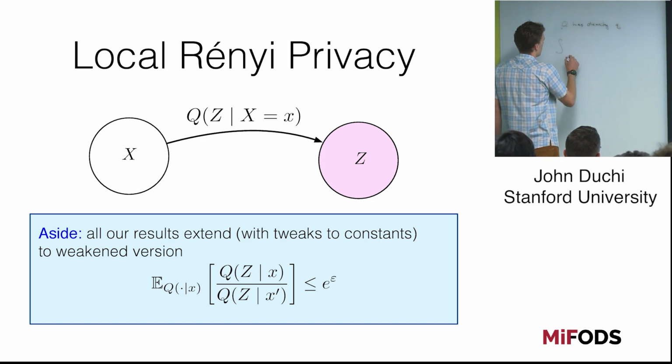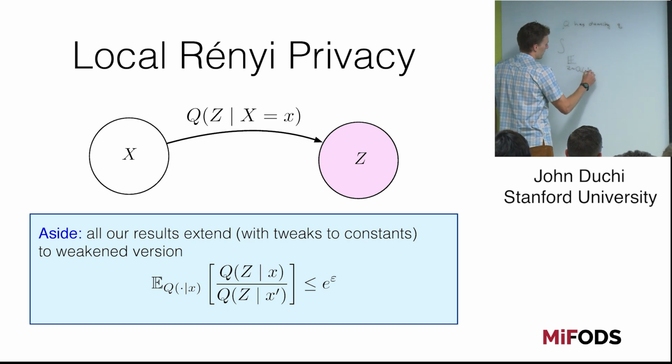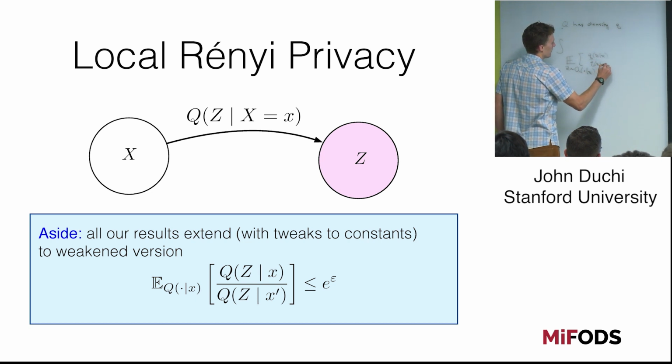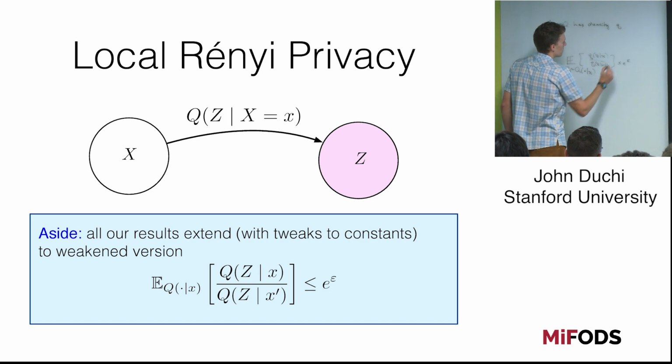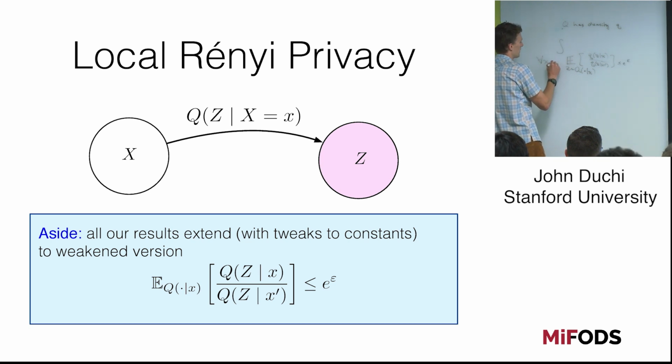This is saying that the expectation, for z drawn according to q of z given x, of the ratio of these densities, q of z given x divided by q of z given x prime, is less than or equal to e to the epsilon for all x and x prime. The notation's a little bit wonky, but I'm saying that on average the ratio of their densities is less than e to the epsilon, which is a little bit weaker than the ratio always being less than e to the epsilon.